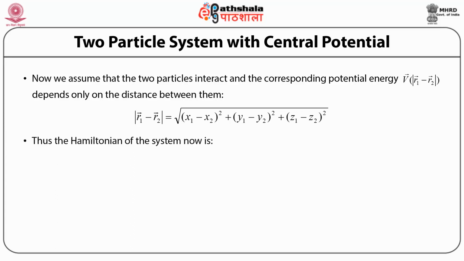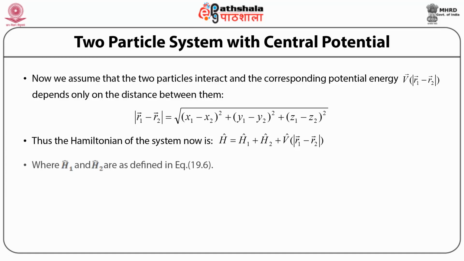Thus, the Hamiltonian of the system is now H equal to operator H1 plus operator H2 plus the potential energy operator V, a function of R1 minus R2, where operator H1 and operator H2 are as defined in equation 6.